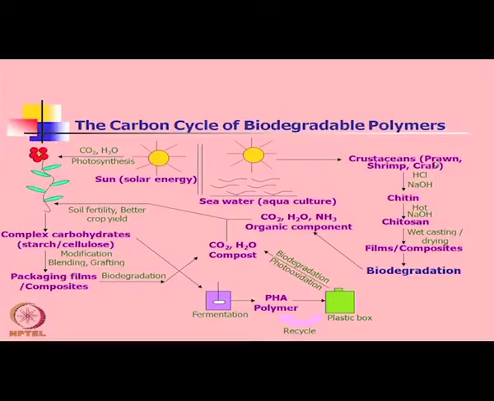Now, we dispose the cells of such crustaceans. Now, those cells of such crustaceans contain a value added material. If that can be harvested from crustacean cells, we can get a polymer like chitin or chitosan by chemical treatment.